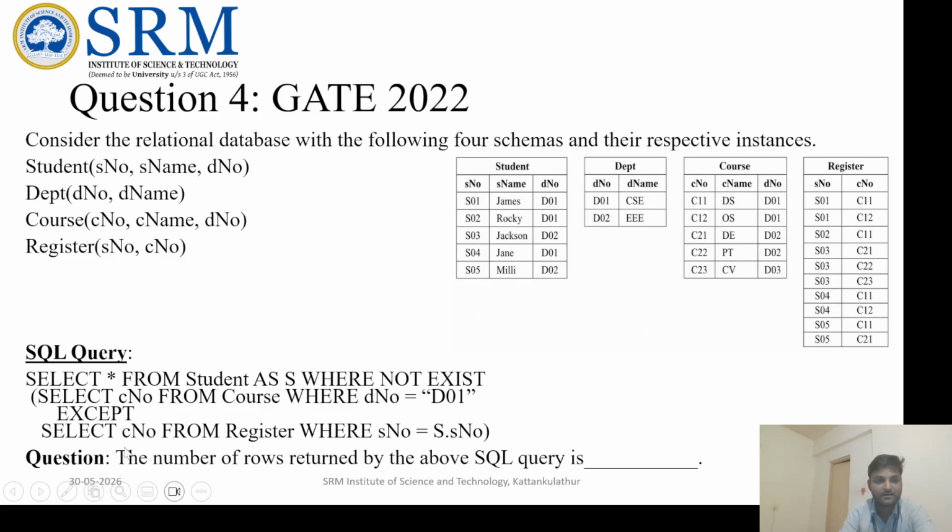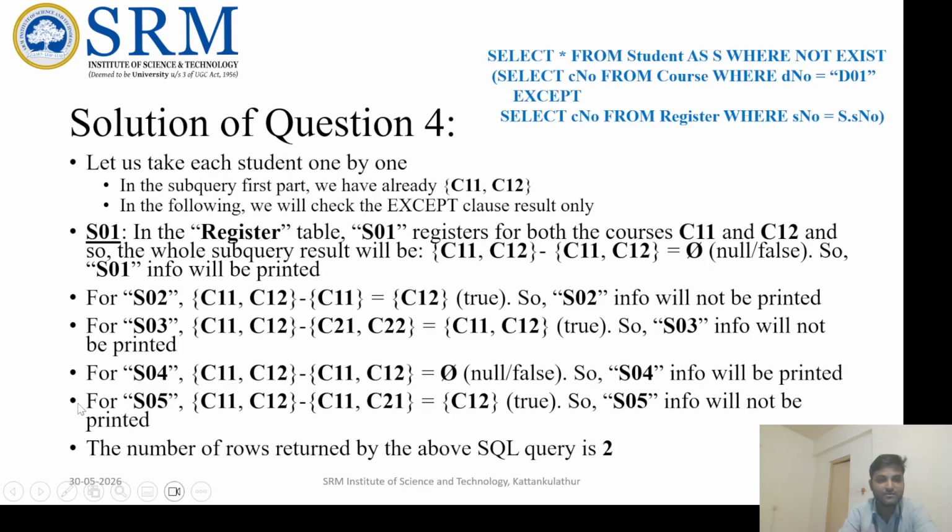When the entire result is false, it will return true because not is there, and if the inner query returns true, it will return false because not is there. Okay. So for S01 it will return true, and that entry of the student, S01 James and D01, will be printed. Similar thing if I do for S02: C11 and C12 minus, because C11, C12 is fixed.